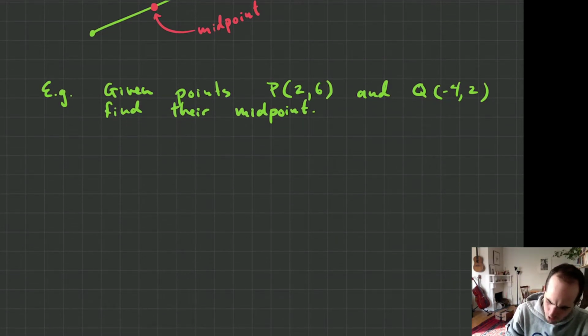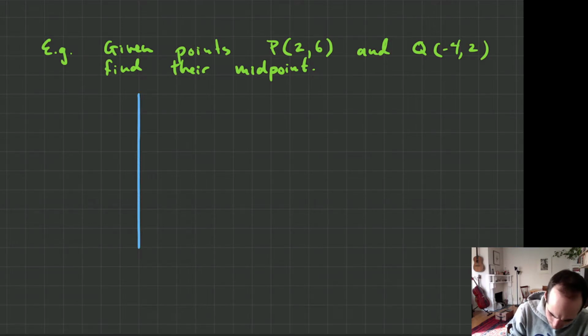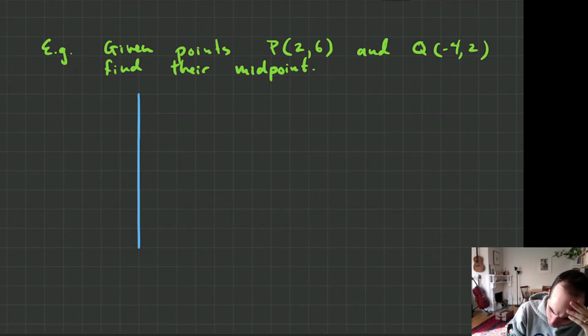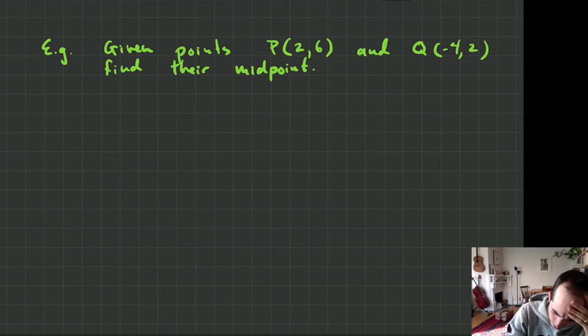Let's start off by drawing these 2 points on a Cartesian plane and see what it looks like. So I'm going to make a Cartesian plane. Okay, let me draw it one more time.